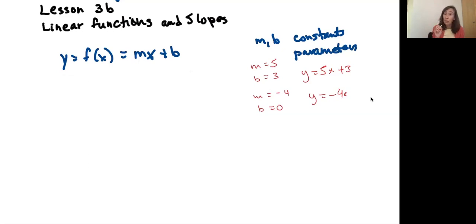The other cool thing about these parameters is that they both have interpretations that we might care about. The interpretation of m is the slope of the line, and b is the intercept. It's where the line intersects the vertical axis.